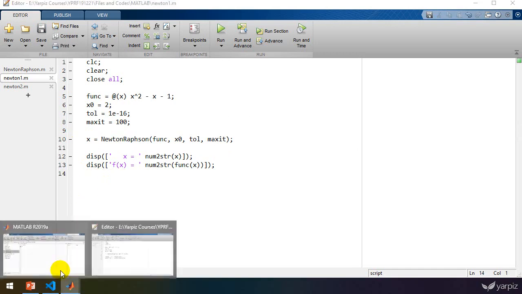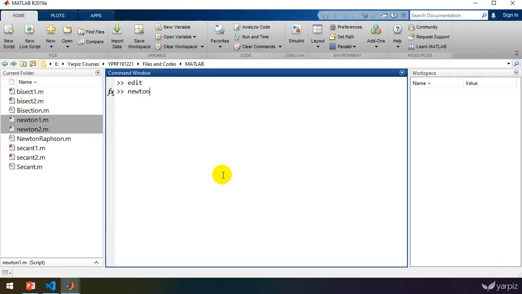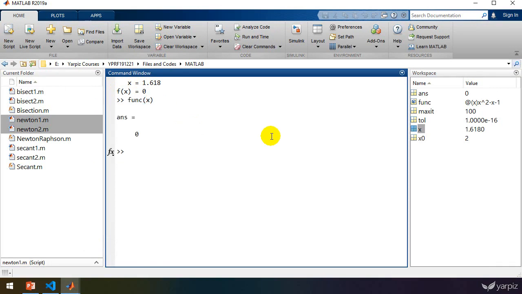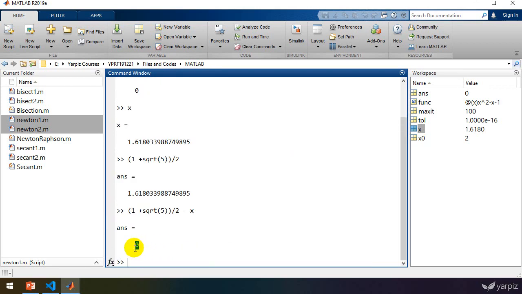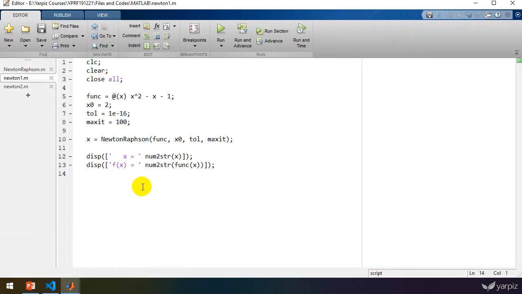So we have this, let's call Newton1, and that's the solution we have, and this is the function value here. You can calculate the func of x here, and that's 0, very close to, for example, 1 plus sqrt 5 divided by 2. That's the value of the exact solution, and if you compare this to x, you have 0 error here, and it's very accurate.